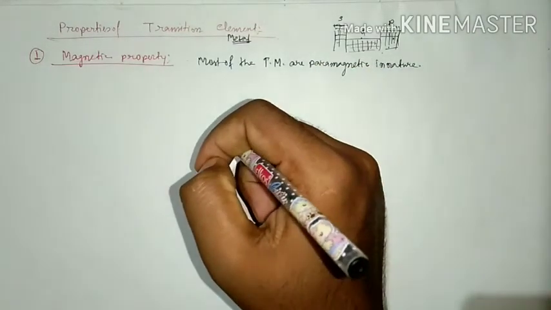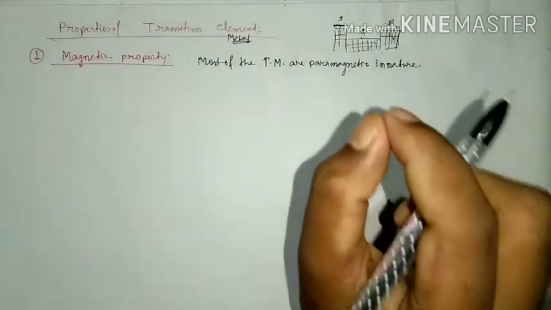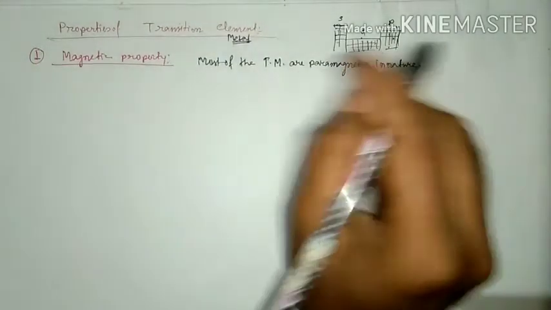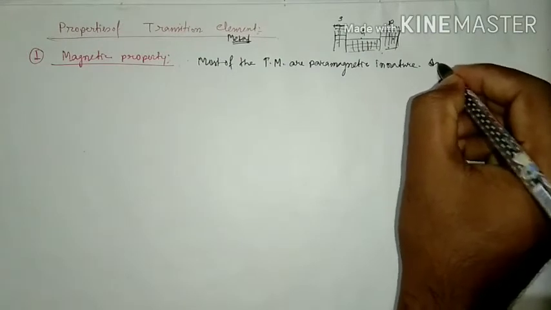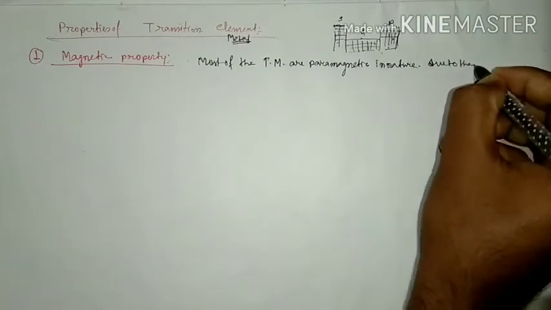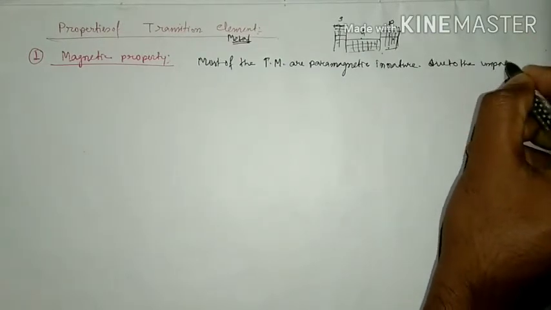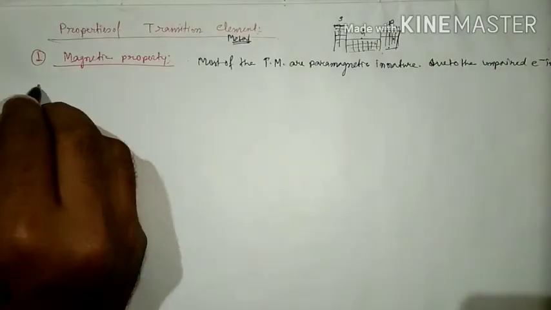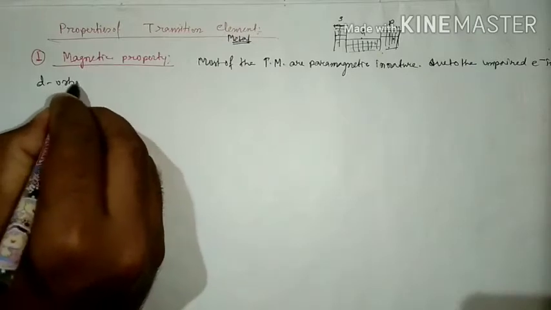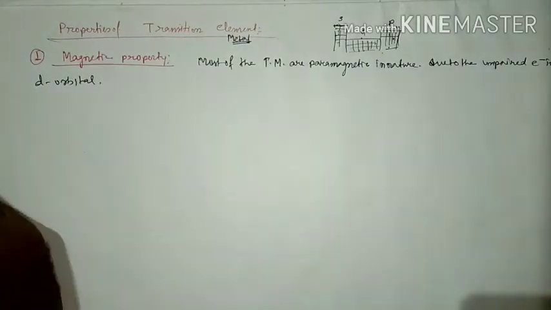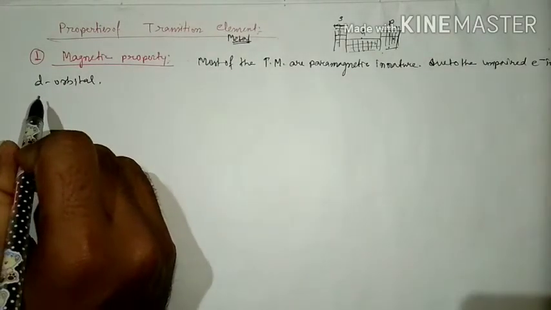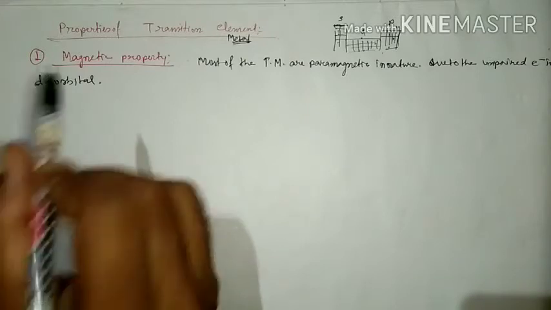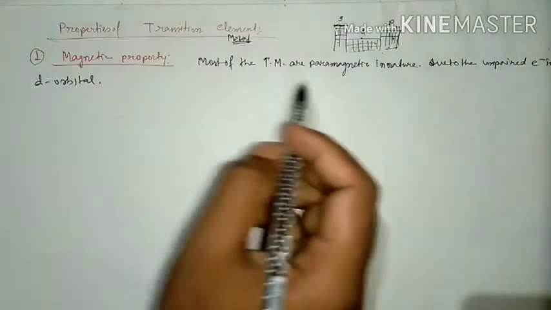Now why is it paramagnetic? Because of the unpaired electron in the D orbital. Okay, these unpaired electrons in the D orbital are responsible for the magnetic, or you can say paramagnetic nature of transition metal.